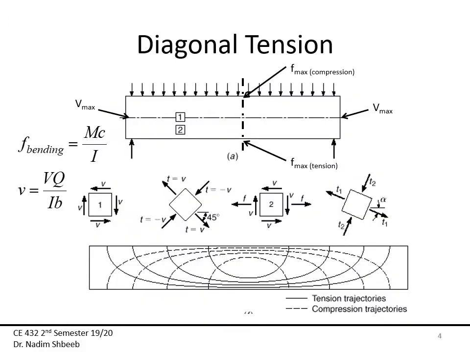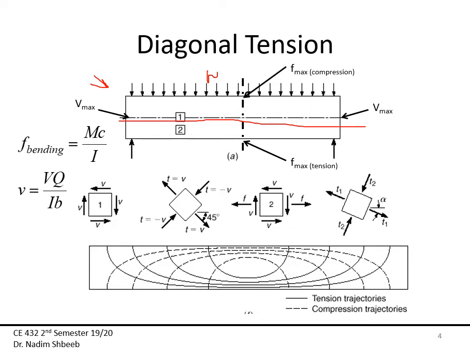So let's see what happens here. If I look at this beam again right here, a different beam, I'm loading it with a distributed load. Let's call this W, and here I'm looking at the neutral axis, and I'm going to take an element 1 right here. As you know, at the neutral axis, we usually have 0 bending stress, but maximum shear stress, as we have learned from strength of materials.